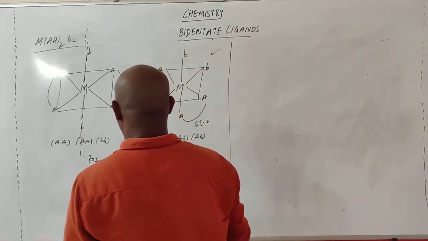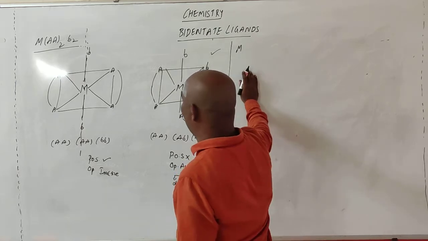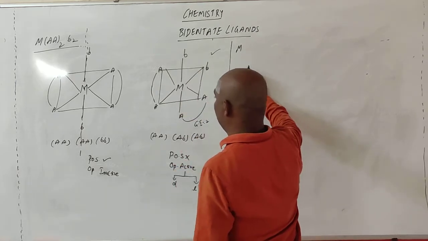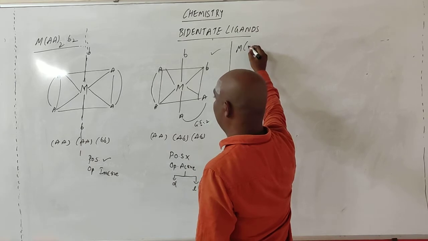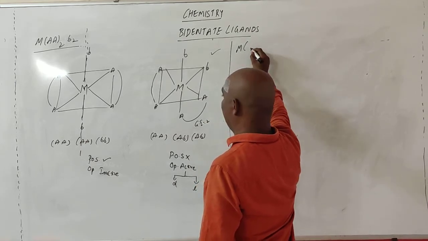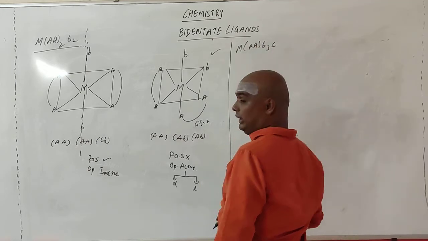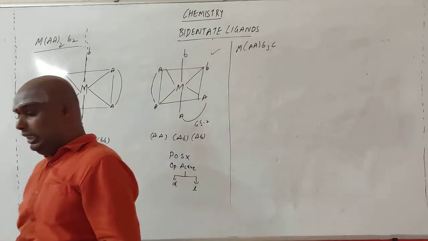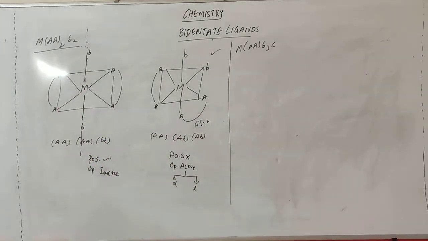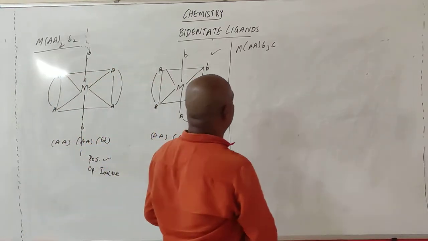Let me take one more example like M. Okay. Something like MA2B3C. Got me? MA2B3C. So if I go for the structure, how do I get it?